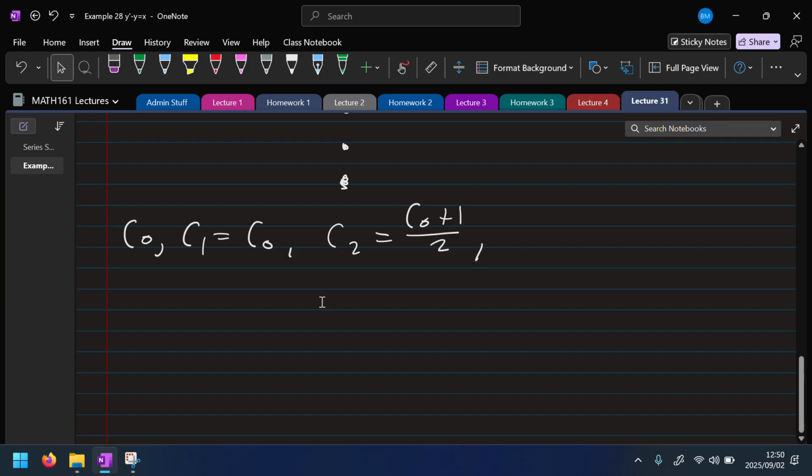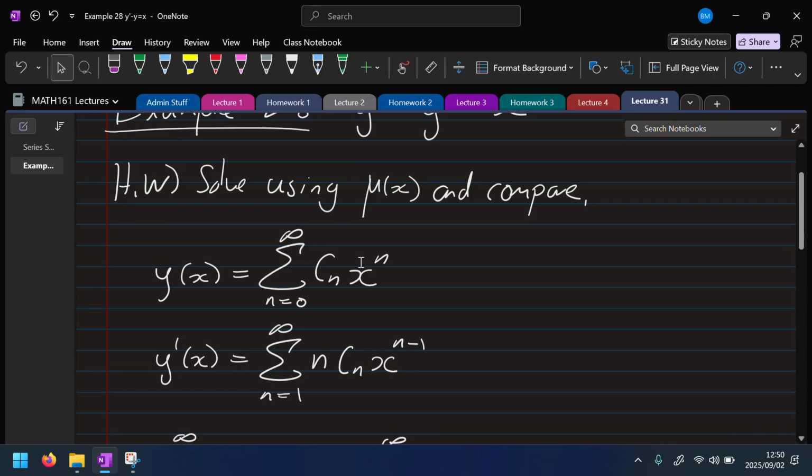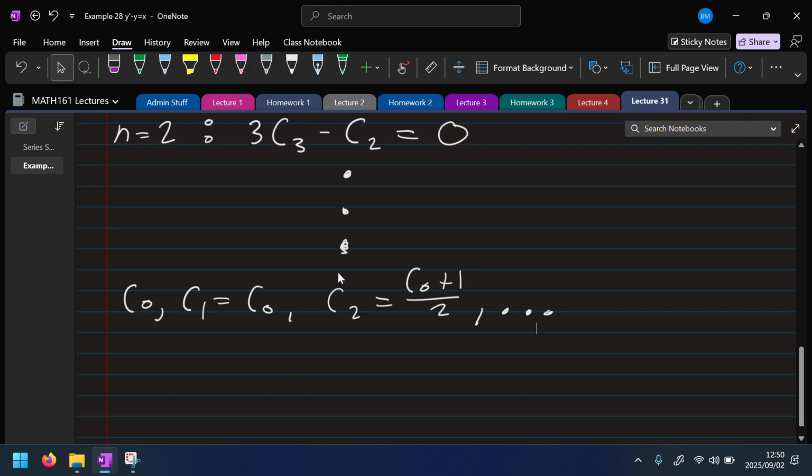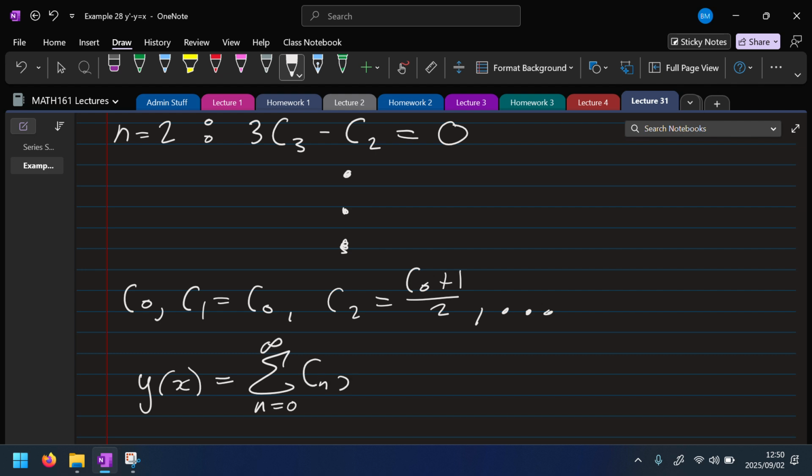Okay, so we got all of our coefficients. We can substitute into that beginning equation here. And we get our answer. Okay, so what's that going to be? y of x is equal to the sum, n goes from 0 to infinity, cn x to the n.